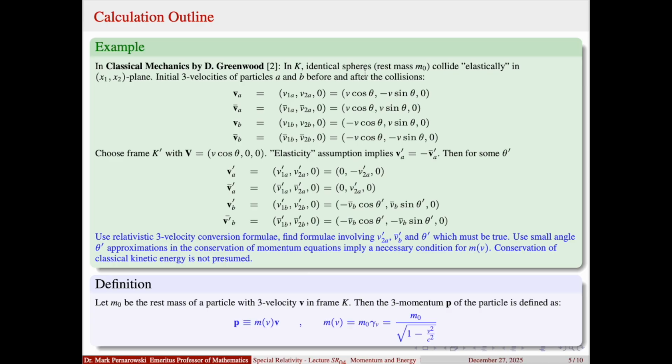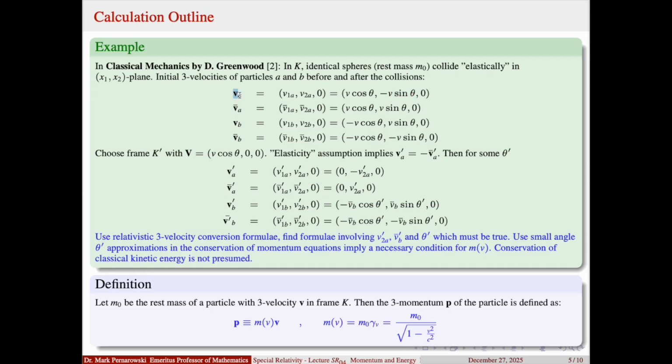and if you have these identical spheres that are colliding, and you look at that picture, you can compute, using the speed and the cosine of the angle, or the speed and the sine of the angle, the x, y, and z components of these velocities. And here, bar means after the collision, no bar means prior to the collision.